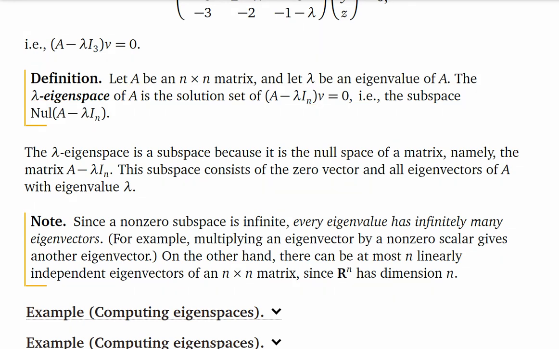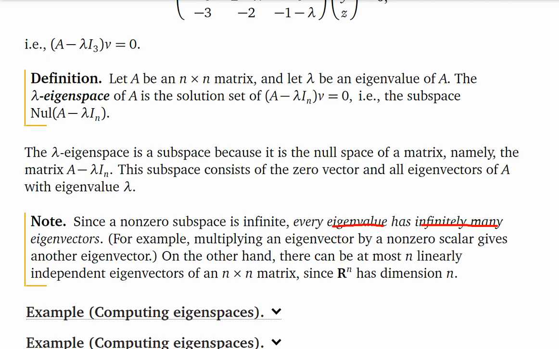There's something to remember about eigenvalues. Eigenvalues are specific, but each eigenvalue has infinitely many eigenvectors. Why? Well, the whole point is that they're scalar multiples, right? So I can take any scalar multiple of an eigenvector, and it will also be an eigenvector.